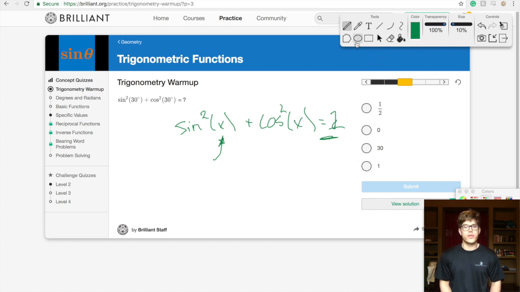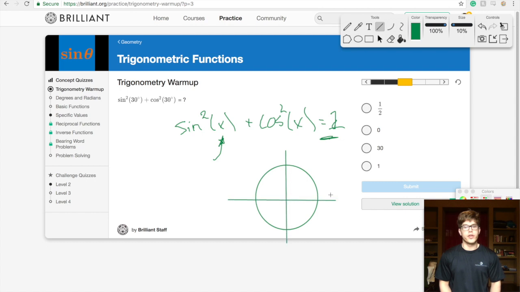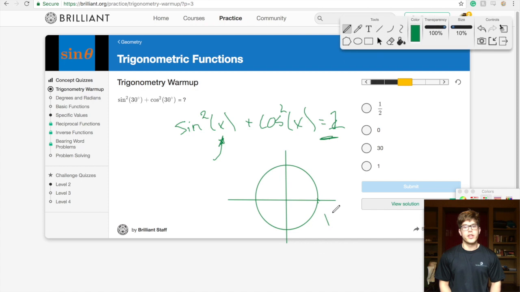And you can kind of see it by studying your unit circle. Remember, the unit circle is unit 1, so this point out here is, oops, let me get my pen. This point out here is 1, 0.